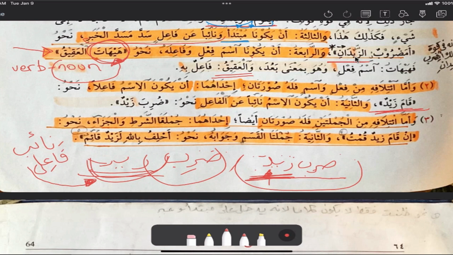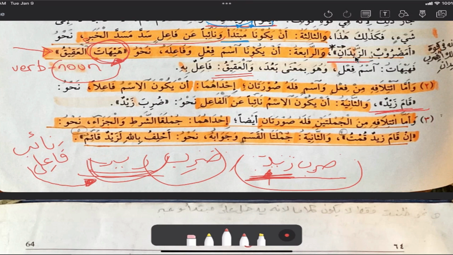وَالثَّانِيَةُ أَنْ يَكُونَ الْإِسْمُ نَائِبًا عَنِ الْفَاعِلِ. And the second scenario is for the nominal to be a replacement of the doer, a vice doer. Yani, for the sentence to be calibrated for the receiver. The sentence here is mabniyun lil maf'ul.